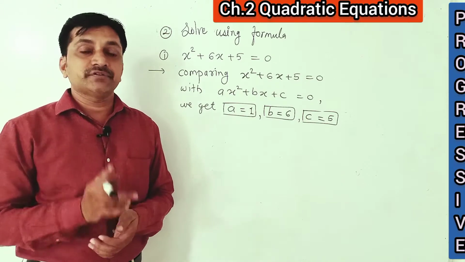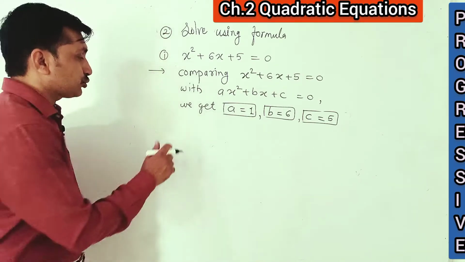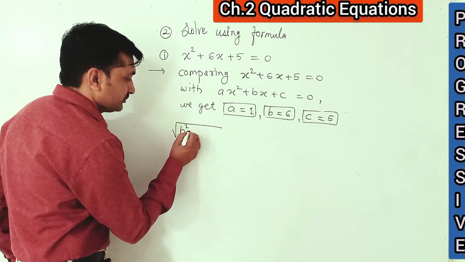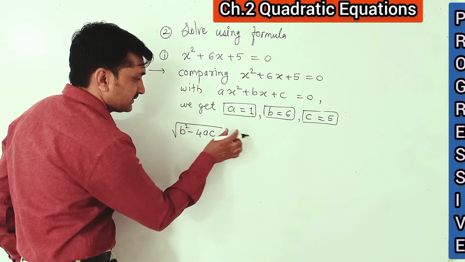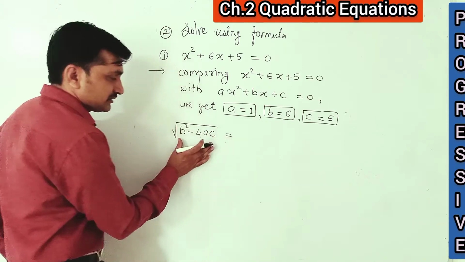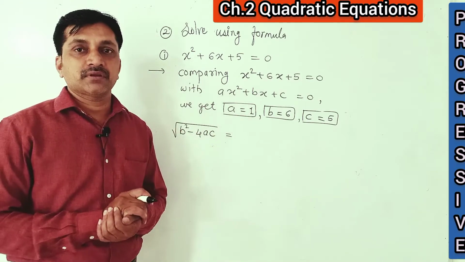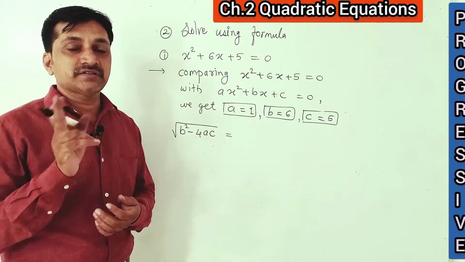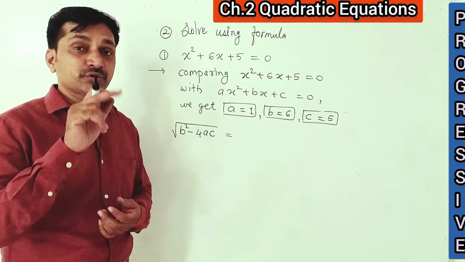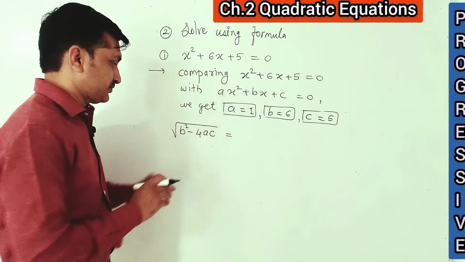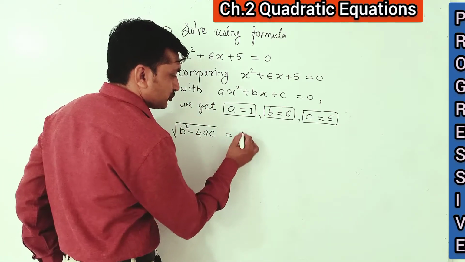Okay, after that we have to find the square root of b square minus 4ac, because this term is part of the formula. The formula is x is equal to minus b plus minus square root of b square minus 4ac. That's why you find out that value first, b square minus 4ac.